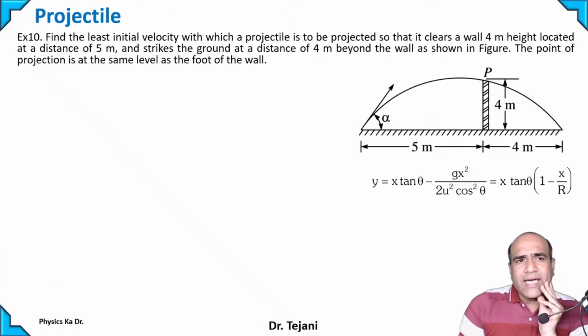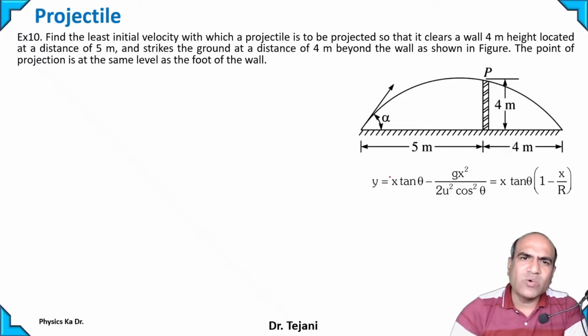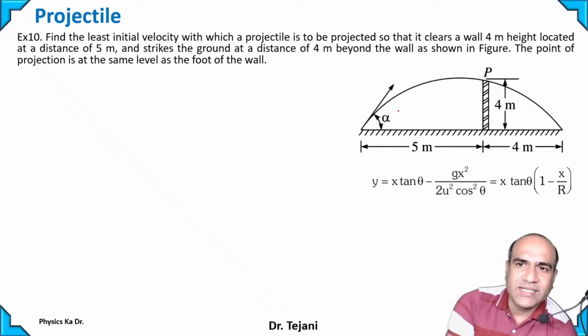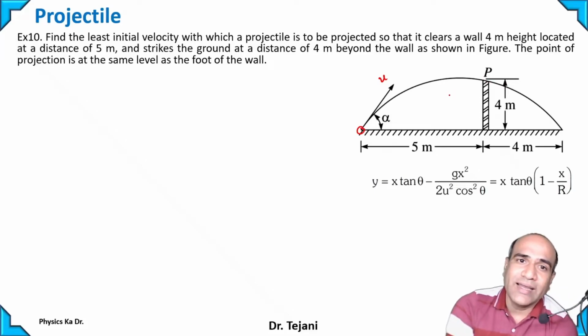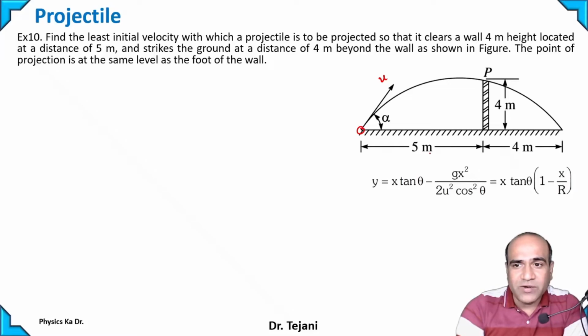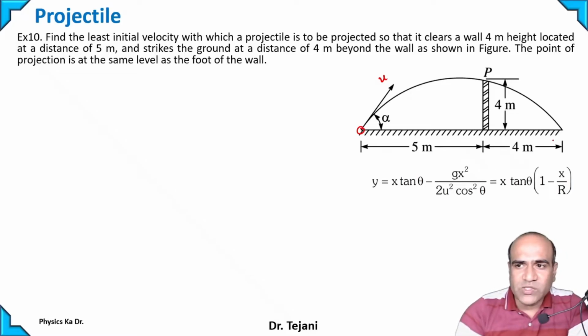Example number 10. Find the least initial velocity with which a projectile is to be projected so that it clears a wall. See here, some object is thrown at some initial velocity u, such that it should pass this wall which is 4 meter in height, located at a distance of 5 meter from the origin, and strikes the ground at a distance of 4 meter beyond the wall. So all these things are given.